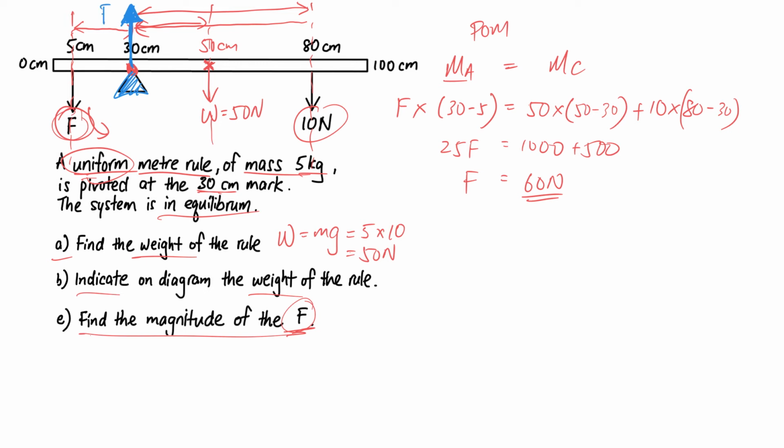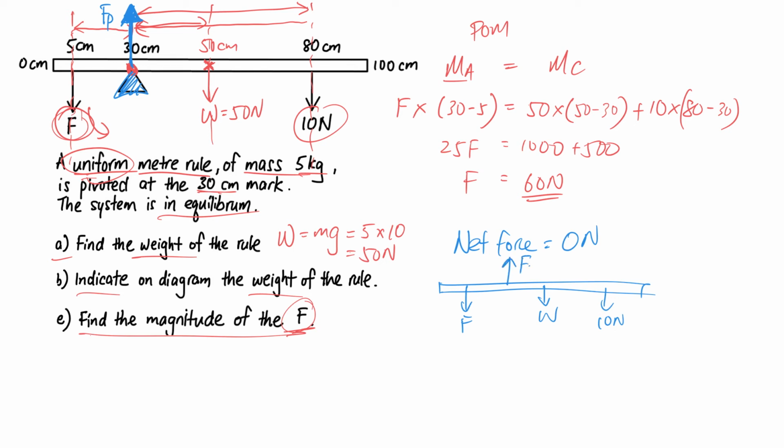Let it be FP. Okay, if I ask you to find the FP here, because this system is in equilibrium, it's like this rod is at rest, so you should think about your net force acting on the rod has to be 0. So you have to draw the free body diagram again, just to show you this force acting on the rod is pulling it down, this W is pulling it down, this 10 Newton force is pulling it down, and the only force that supports in order to be net force 0 is actually this FP.